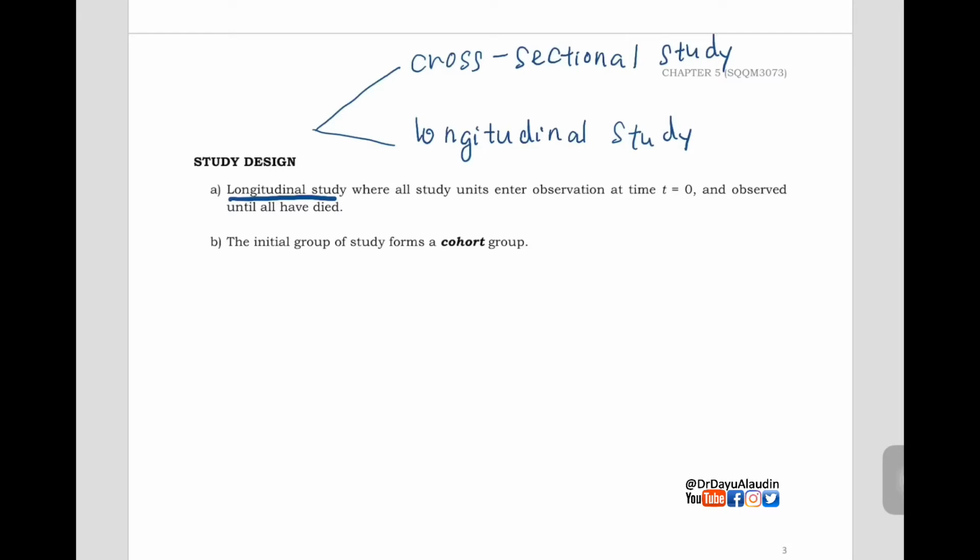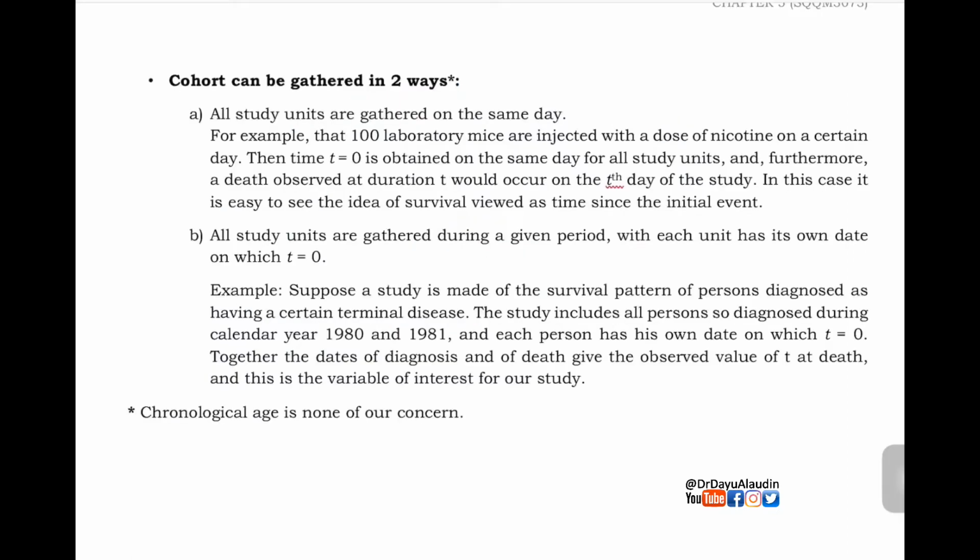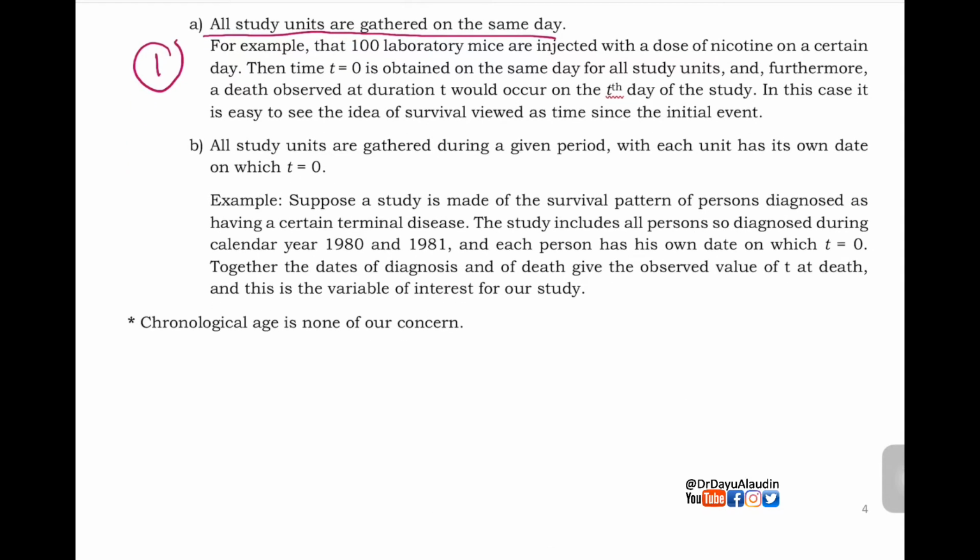The initial group, or the group at t equal to 0, we call a cohort group. And a cohort group can be gathered in two ways. The first method: all study units are gathered on the same day, meaning that, for example, 100 laboratory mice are injected with a dose of nicotine on a certain day, then time t equal to 0.